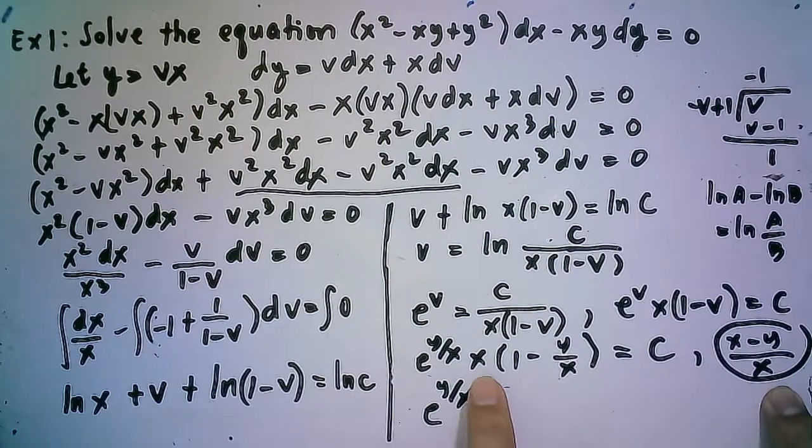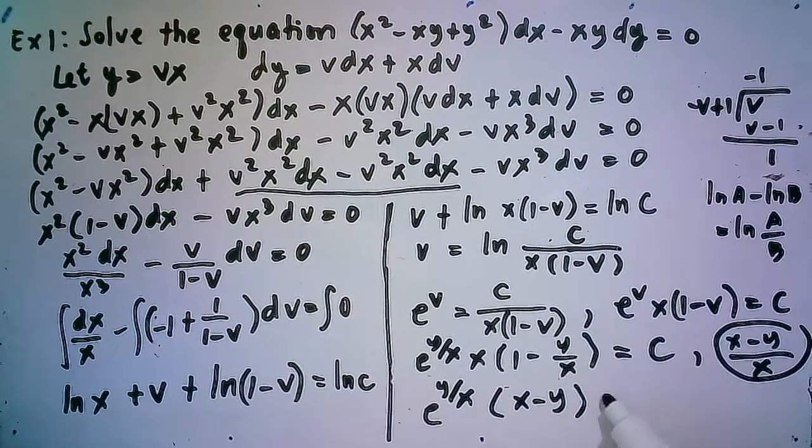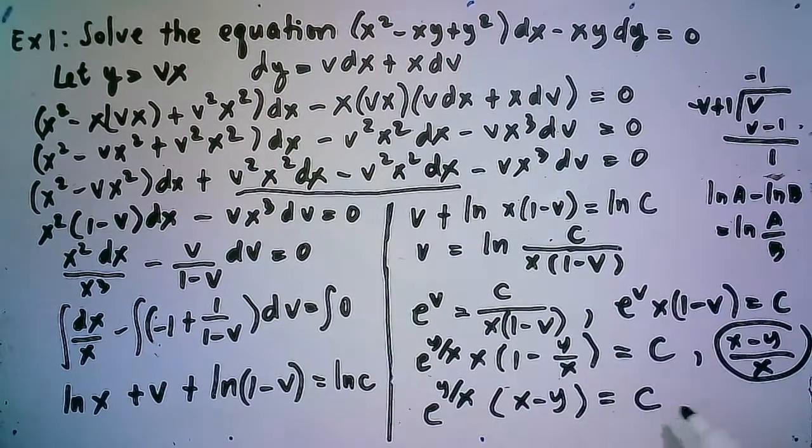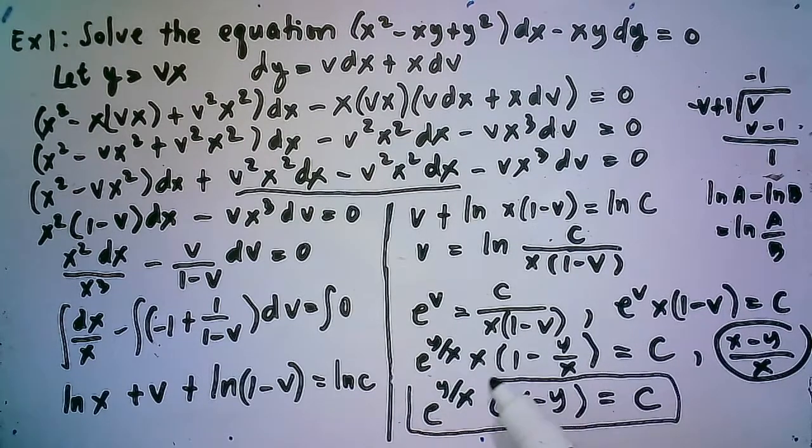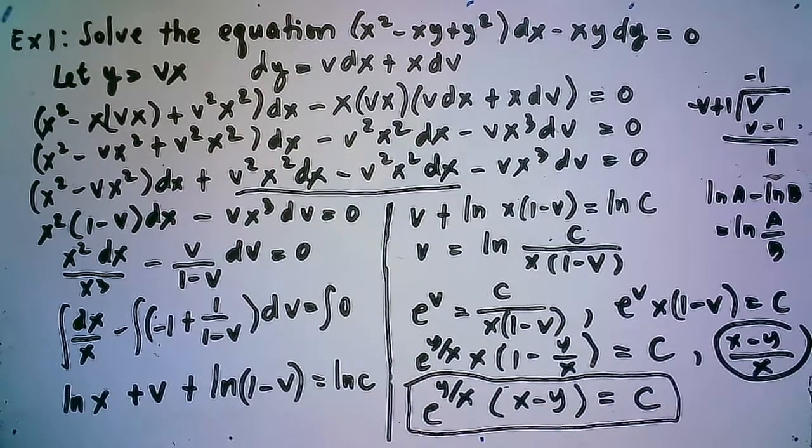And if you have here a multiplier of x, this x will be cancelled. So what remains here is x minus y, that is equivalent to c. So this is our final answer. We have e raised to y over x times x minus y is equal to c.